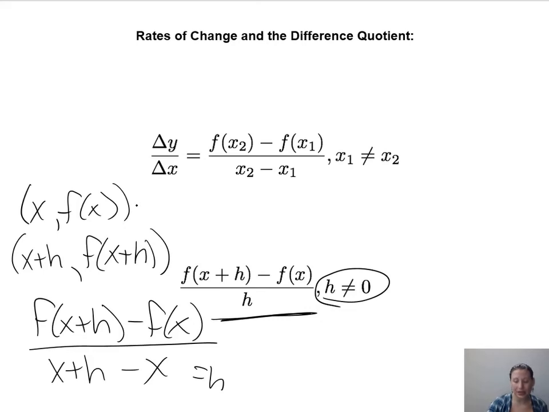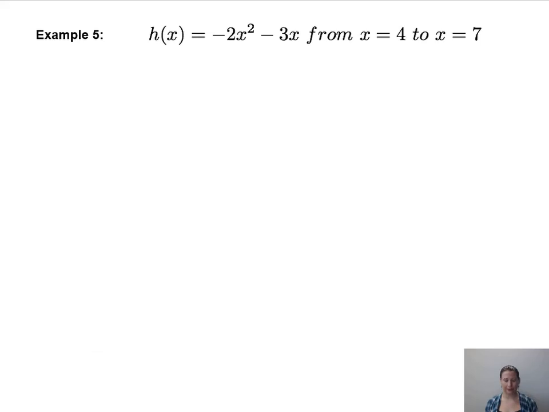Again, meaning these 2 points are not the same point. That's kind of obvious because, well, what's the rate of change between the same point? 0. We can't do it. It's not something we talk about. It doesn't make sense, right? So let's do an example for both of these formulas. First one will be the rate of change formula.